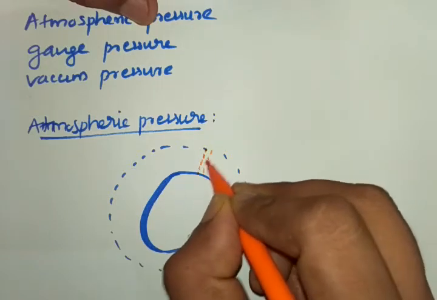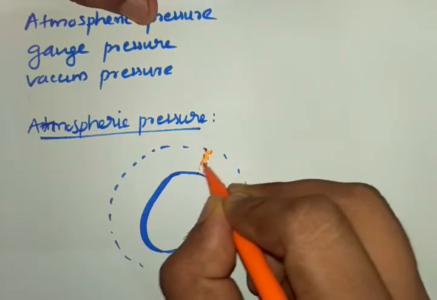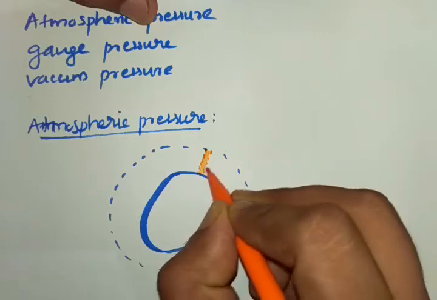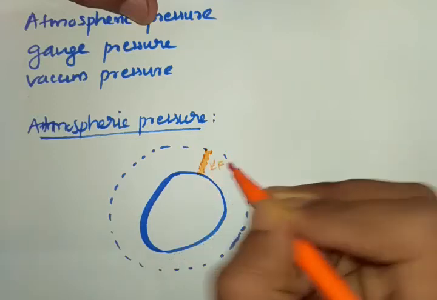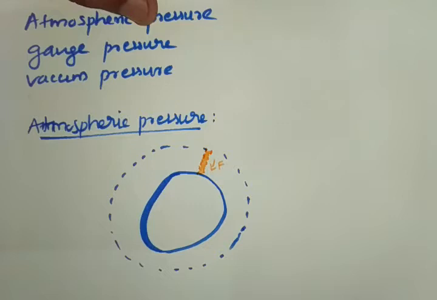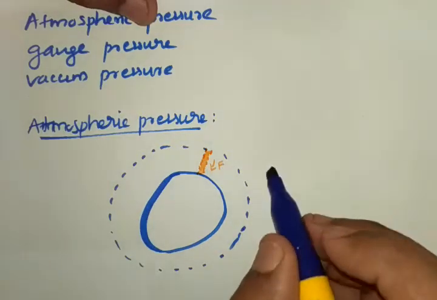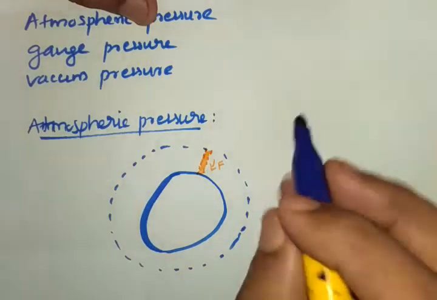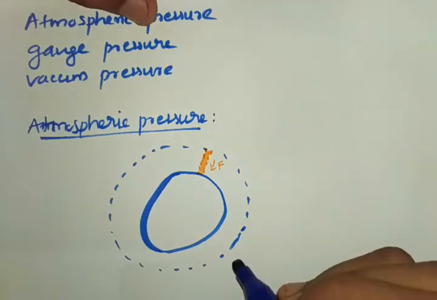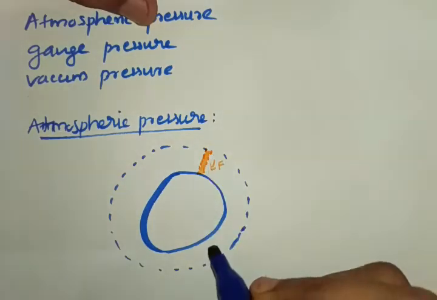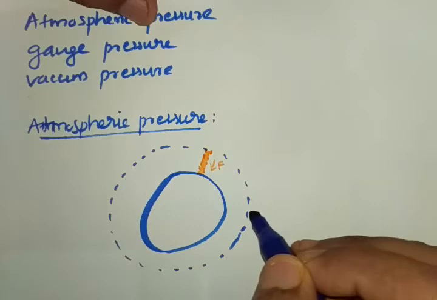Let us take it as the air column. This air column is exerting a force on the Earth's surface, and this force per unit area is called the pressure. So the atmospheric pressure is the pressure exerted by the atmospheric air on the Earth's surface.